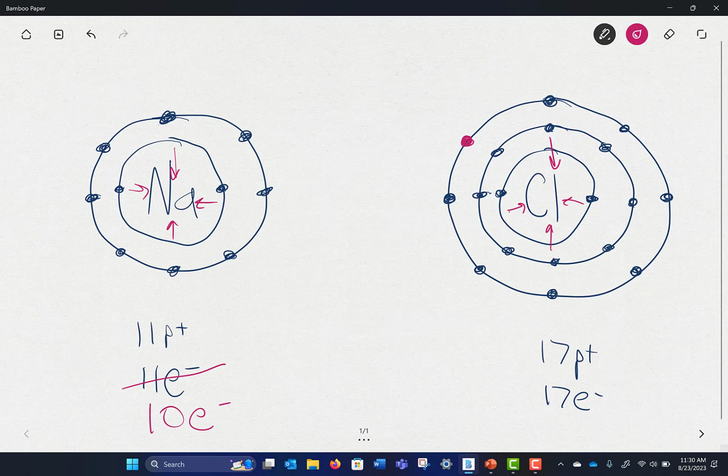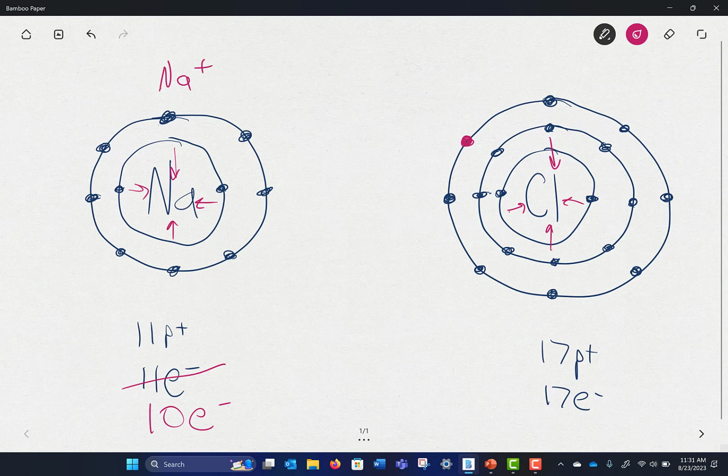The positives and the negatives are out of balance. This is no longer sodium. This is sodium ion. It has a positive charge, and the way we denote that is Na with a little plus up in the top right. That means that it has lost an electron and now has a positive charge.